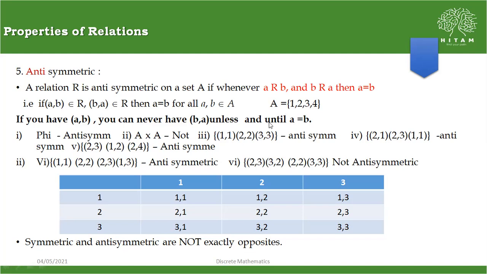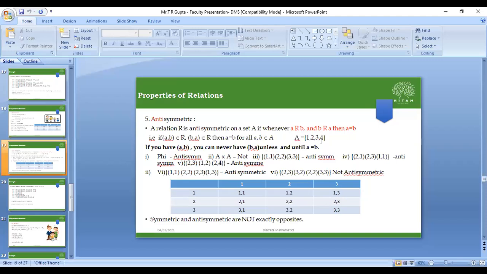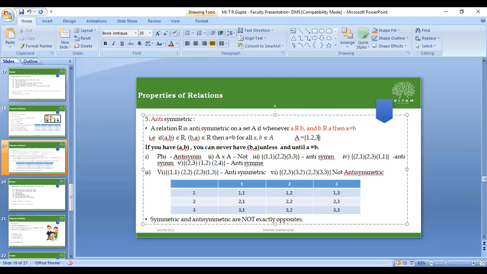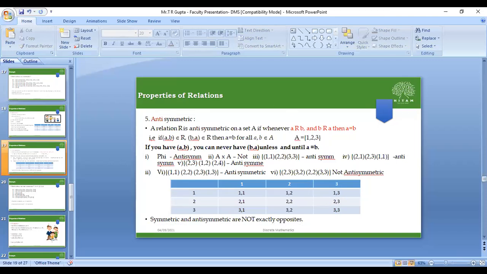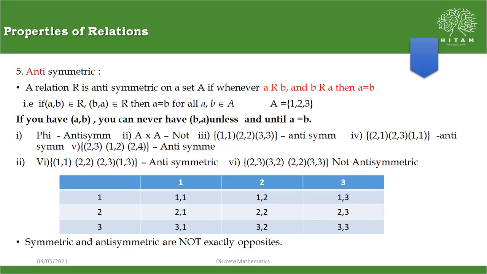For example, if I am taking 1, 2, 3, and the relation has 1 comma 1, 1 comma 2, 1 comma 3, 2 comma 1, 2 comma 2, 2 comma 3, 3 comma 1, 3 comma 2, and 3 comma 3, then apart from that, some of the combinations are accepted as an anti-symmetric relation.